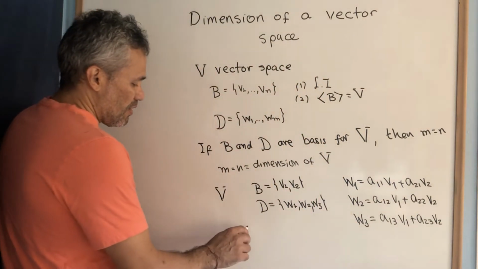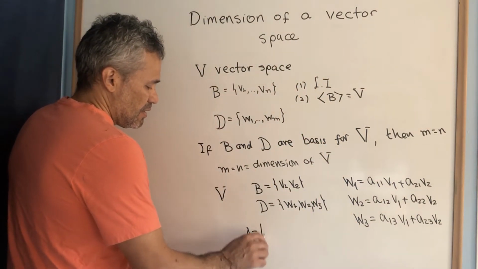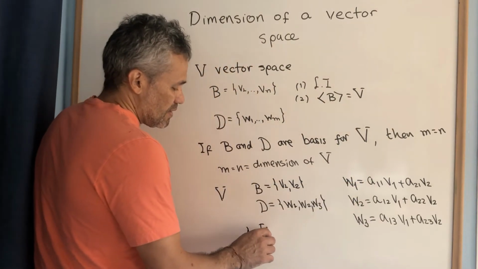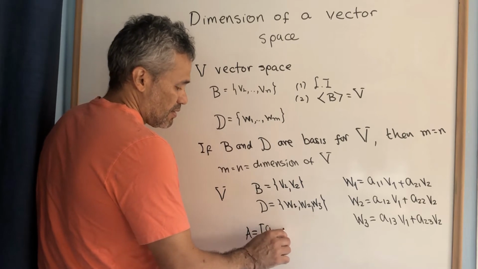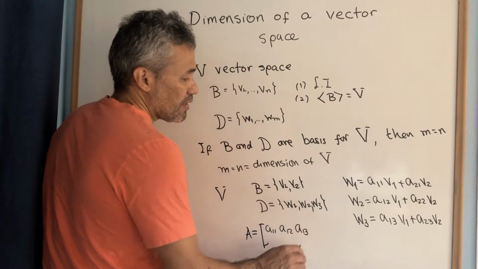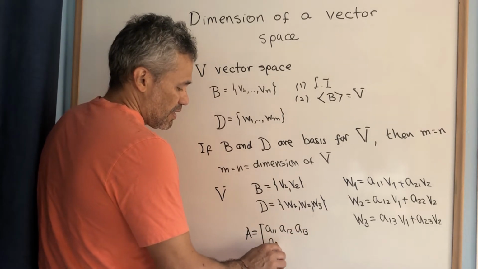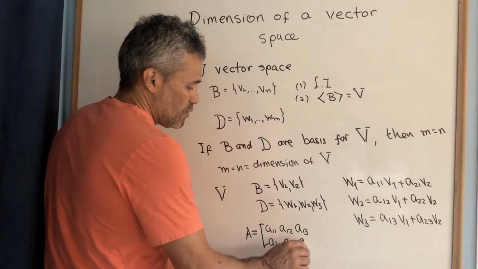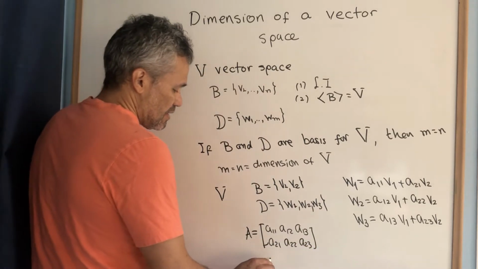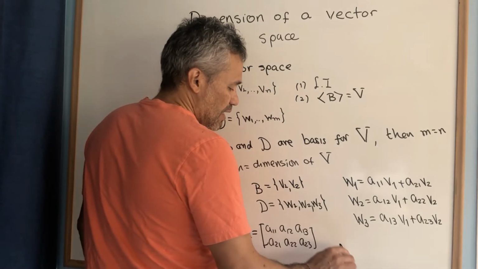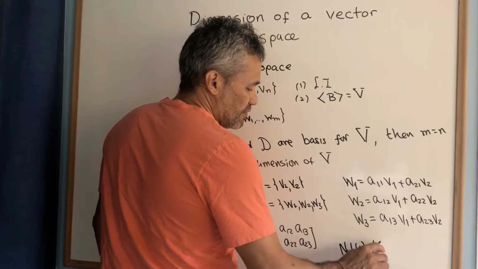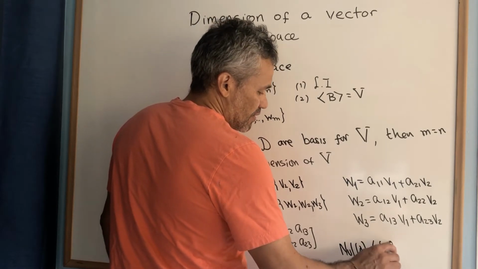Then we can think about the matrix A. This matrix is a 2 by 3 matrix. Let's say this is a11, a12, a13, and here we have a21, a22, a23. But since the dimension of this is 2 by 3, then we know that the null space of that matrix is different from the zero vector.